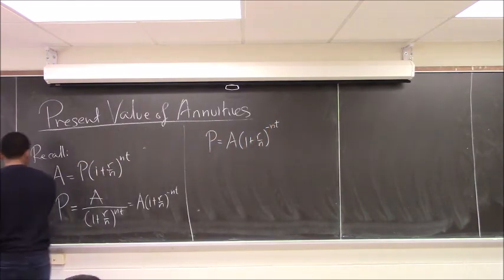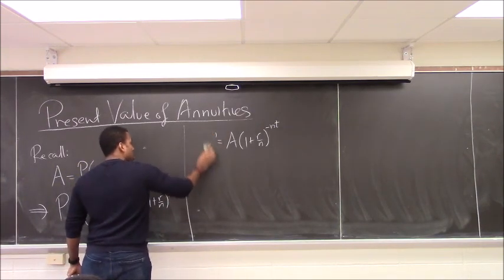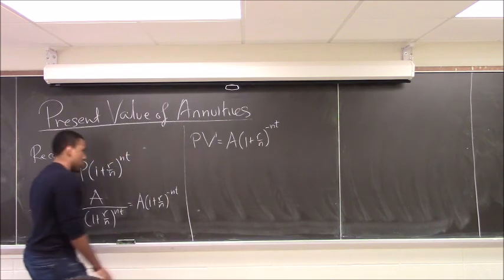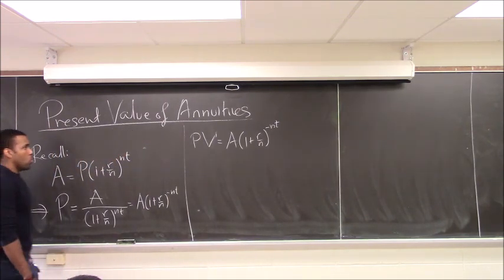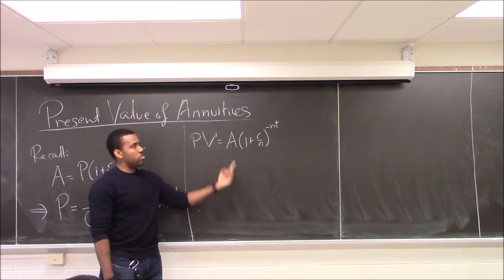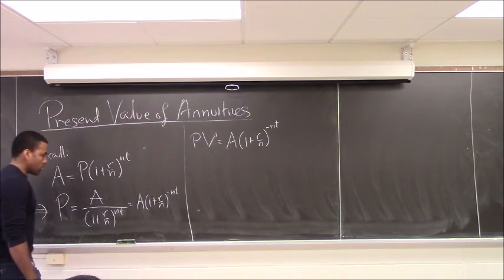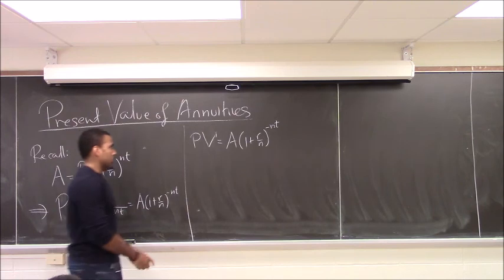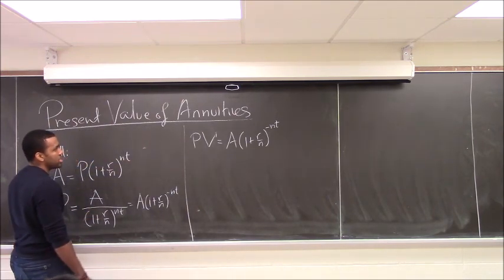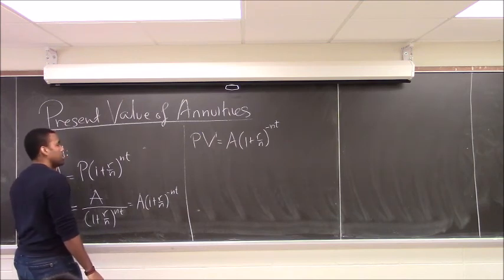one way we look at this is we think of the P as a present value. So you might want to look at this from the perspective of what money should I deposit now to have that amount of money in the future. And so this is what some future value is kind of worth now to you.